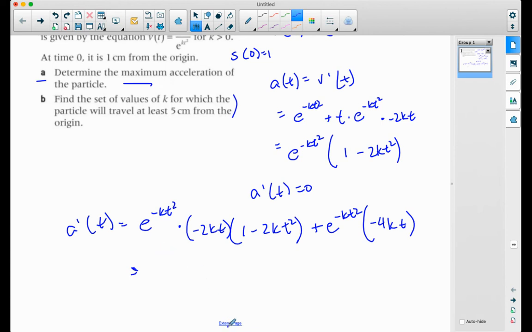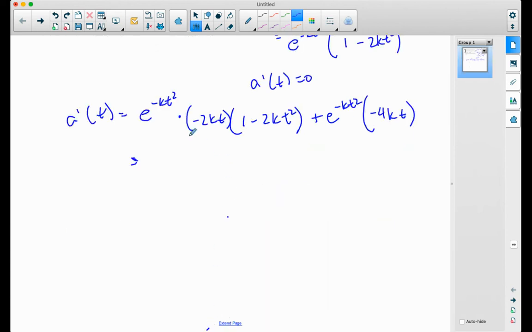So if I consider what's going on here, I have to make sure that I pull out things that are common. Well, the exponential is common in both, as is the negative 2kt, because there's a negative 2kt in there. So if I pull out negative 2kt times e to the negative kt squared, on this particular term, I'm left with 1 minus 2kt squared.